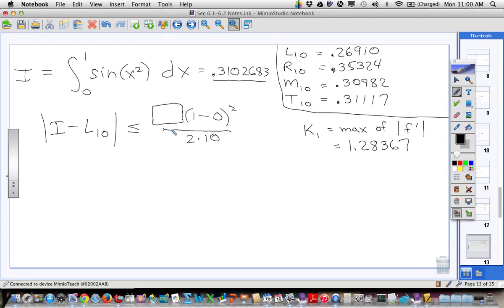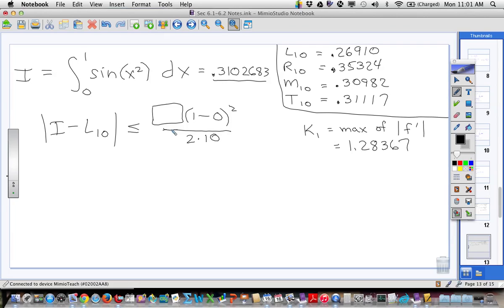Now this is kind of a technicality, but I'm going to make you do it because I want you to understand what K1 is. K1 is the worst case scenario. Chances are that F graph does not have this as its slope the whole time, right? Pretty sure of that. We just saw the F prime. But in this formula, this is supposed to represent a number that is the steepest the slope could ever be.